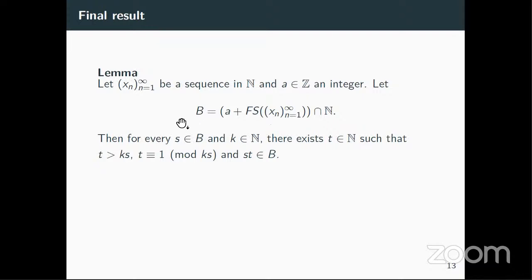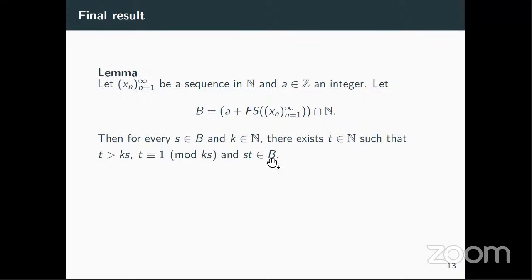Then pick any element s from the set B and take any integer k, then we can produce some positive integer t such that st is inside B and t is of the form t equal to 1 mod ks.